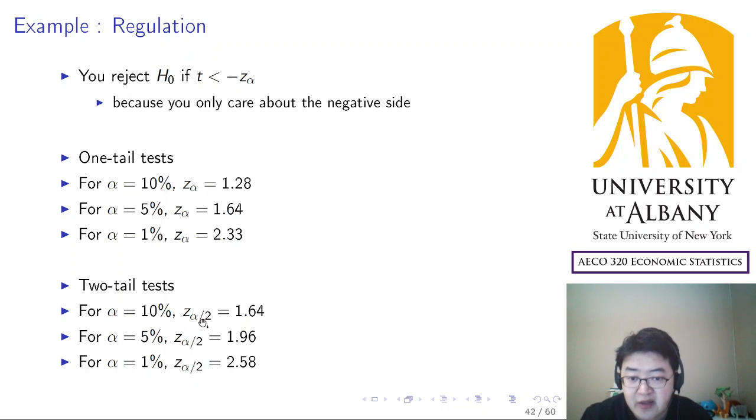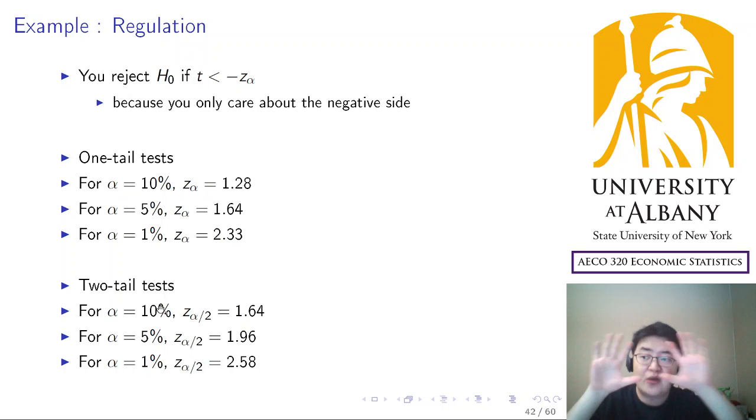So that's why you have z alpha over 2. It implies the top alpha over 2 probability value. In this case, alpha is 10%, so this is the top 5% value because you have to split 10% into both tails. So you get 1.64. And because it is the top 5% value, in a one-tail test it is used at the 5% significance level.